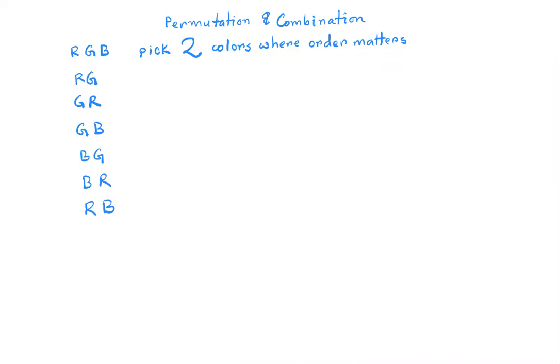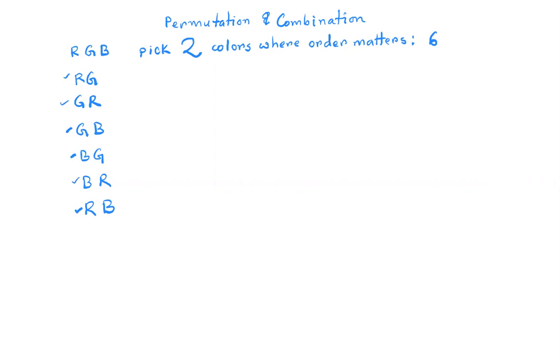So if you pick 2 colors from a group of 3 distinct colors, the number of ways you can do it is 6. You can see red, green, green, red, green, blue, blue, green, blue, red, red, blue. 6 different ways.